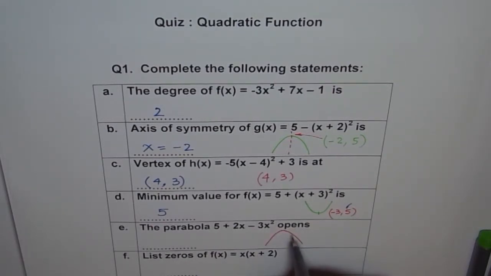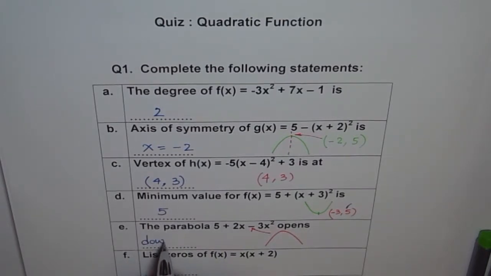So the parabola really opens downward. You have to look for this minus. So the terms are not organized in the way you normally see them. So that could lead to an error, correct? So the parabola here opens downwards. Is that okay? And the reason is that the leading coefficient is negative, correct?